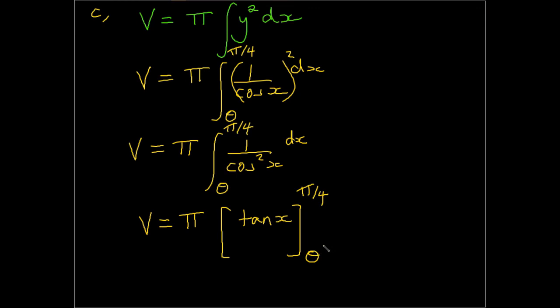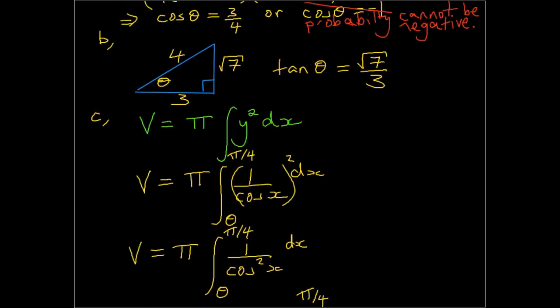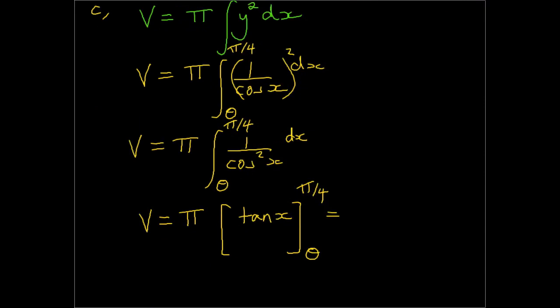Now we should remember that tan of pi over 4 is equal to 1, and tan of theta is the value that we had from our part B back here, where we've written tan of theta is root 7 over 3. So therefore this equals pi multiplied by 1 minus root 7 over 3. And that should be the answer.